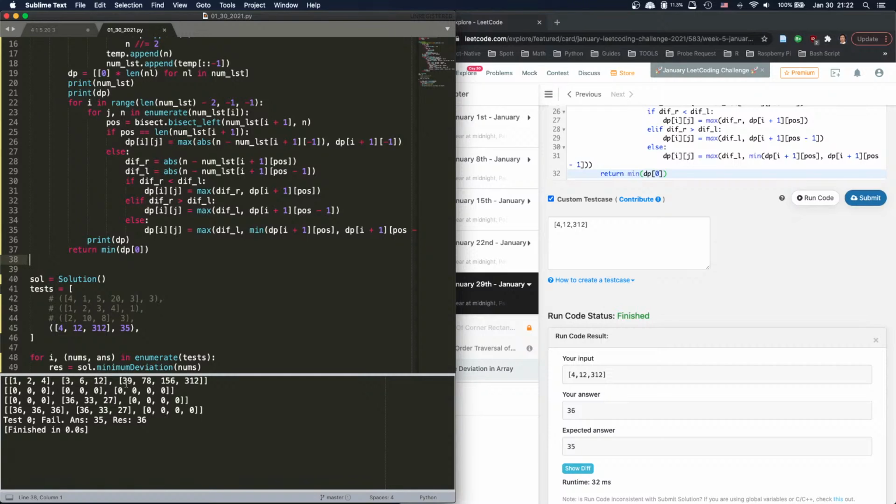Basically, it's like neural networks. We're saying find a path that will result in the smallest.